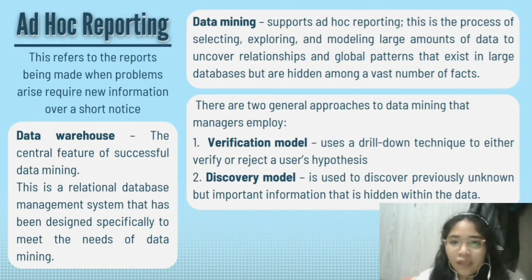In day-to-day operations, it is normal for some problems to occur that will affect the delivery of information to the management, which relates to the management report. And with that, an organization cannot just stay still and wait until the problem is solved. Managers still have to report even in the midst of short notice, and this is what ad hoc reporting is.